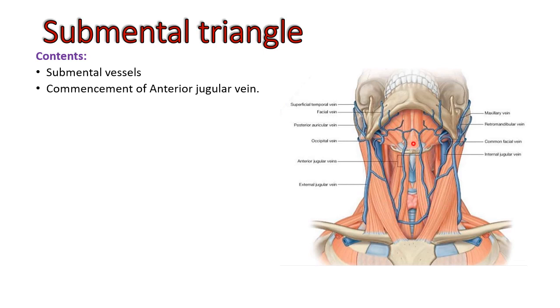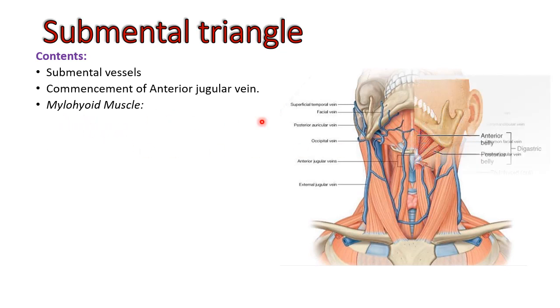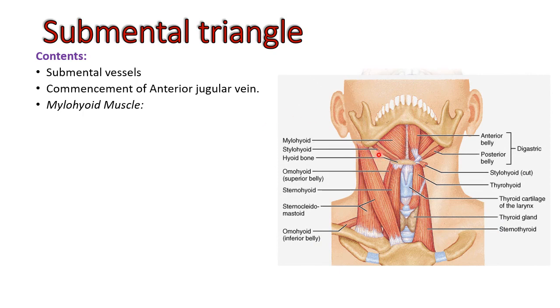So in the submental triangle, mainly you come across submental lymph nodes, submental vessels, and then the commencement of the anterior jugular vein. Then what else? The main structure that forms the floor is the mylohyoid muscle. Here you are able to see the mylohyoid muscle.